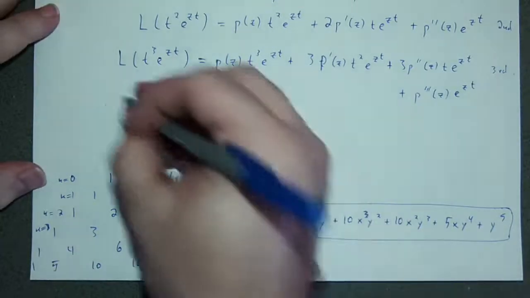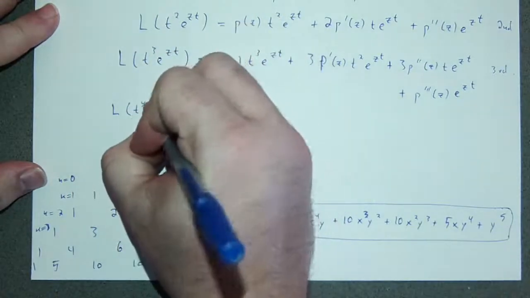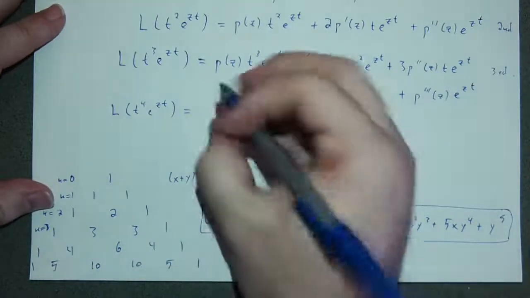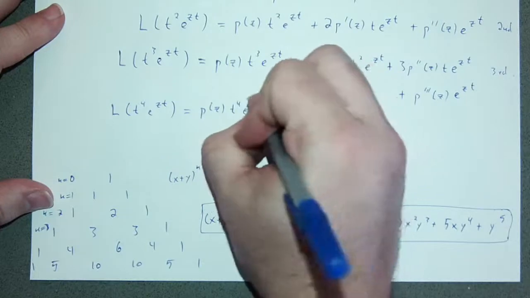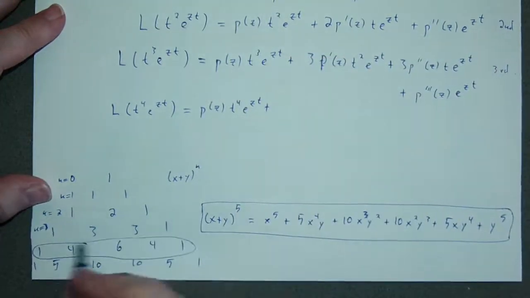Okay, so let's write one more of these things using this pattern. L of t to the 4th, e to the zt is what? This is p of z, t to the 4th, e to the zt. Plus, we're using this line, right?